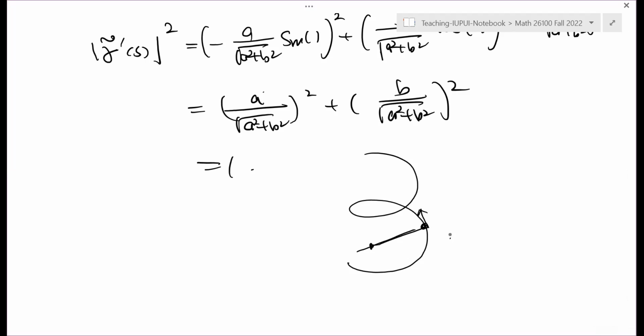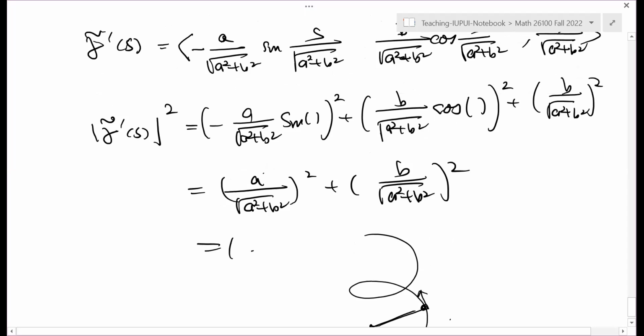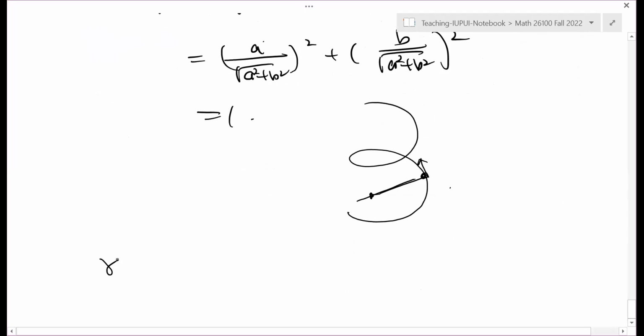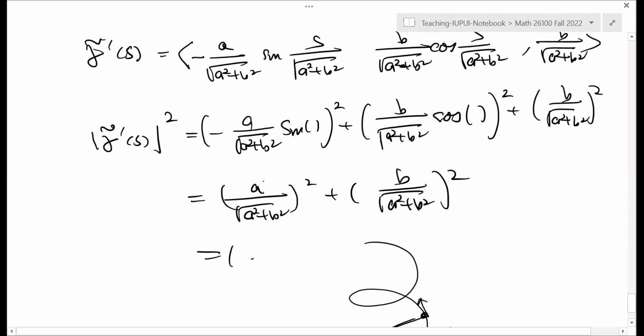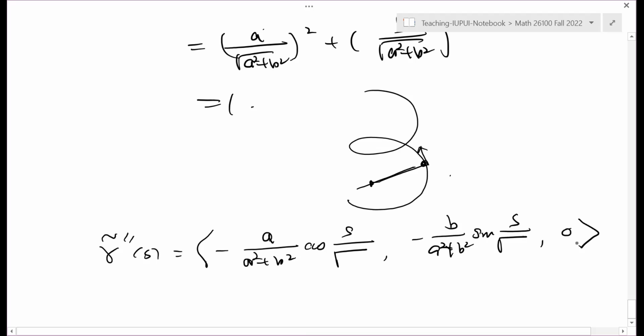Okay. If I was to find the second derivative, then what I got... I want to do A. And the square becomes cosine. Okay. And this is A. And the third term is 0.